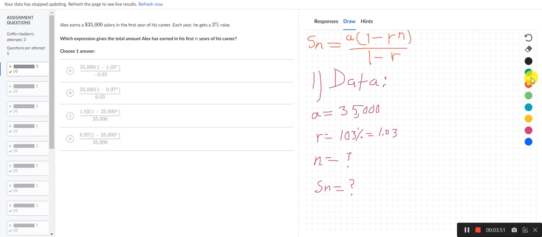So let's go ahead and start with what we have. Let's just plug in these numbers on the formula. So A, I'm going to just write this down here.